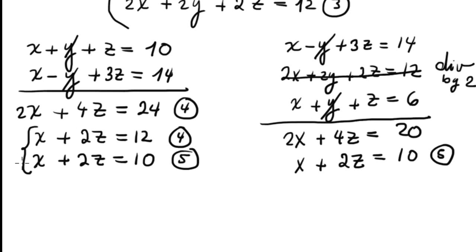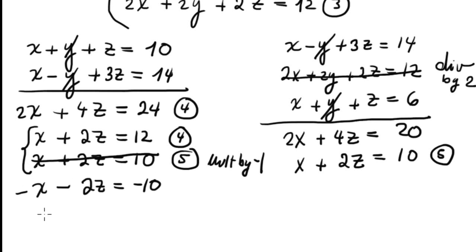Now, let me try. Suppose I want to multiply by -1 the second of the 5 equations, because I want to eliminate x. So, negative x minus 2z is equal minus 10. Okay, now combine. x minus x cancels out. This was the intention. However, look at that. 2z and minus 2z cancel out again.